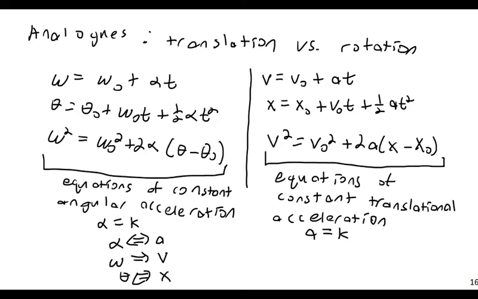And so we see that the mathematics of translation are pretty much the same as the mathematics of rotational systems, at least when we're talking about a fixed axis. If we start dealing with masses and torques and forces and all of that fun stuff, we can get into more complicated things. Okay, let me work through an example problem.